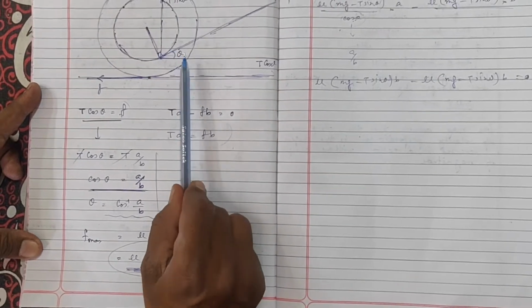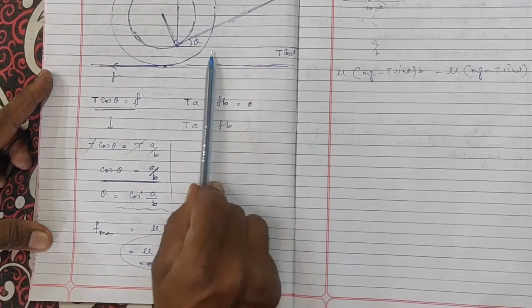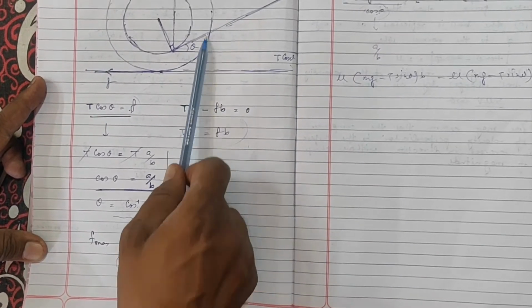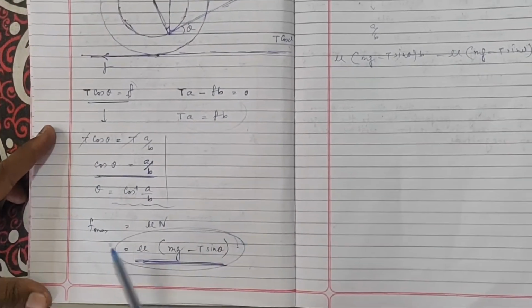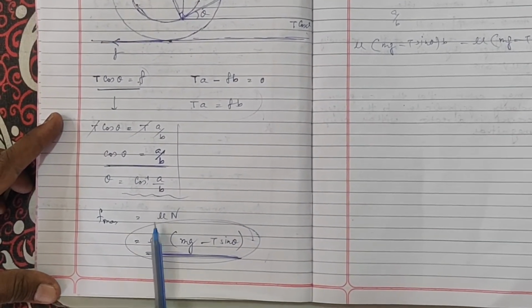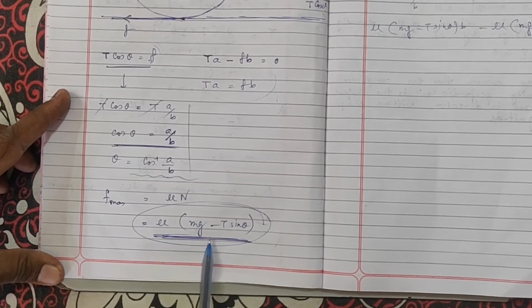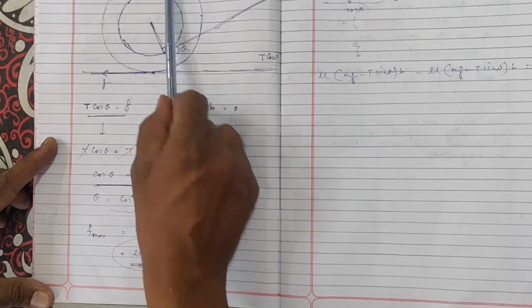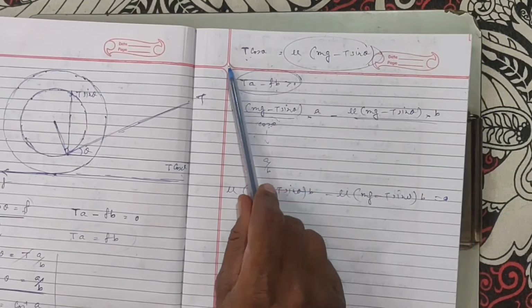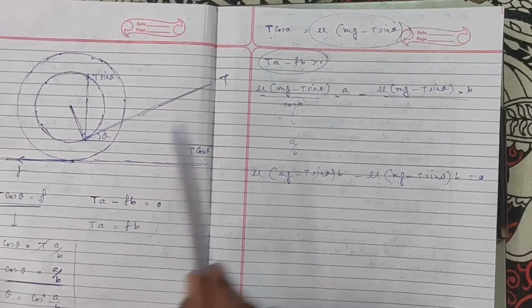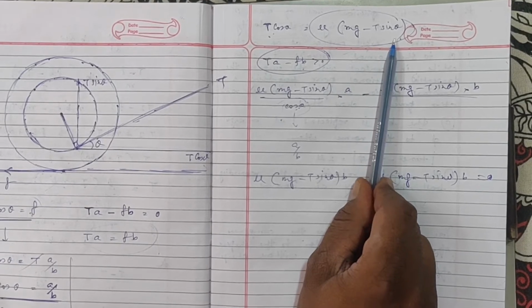If theta is less than the critical angle, it will move in forward direction. And if theta is greater than the critical angle, it will move in backward direction. For maximum friction, it is directly proportional to normal force, mu into N, so mu into (mg minus T sin theta). Now T cos theta is the frictional force, which is maximum if you consider mu into (mg minus T sin theta).